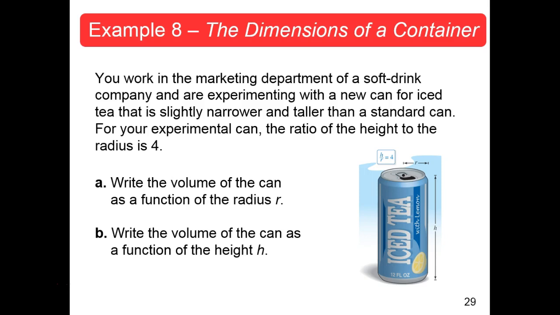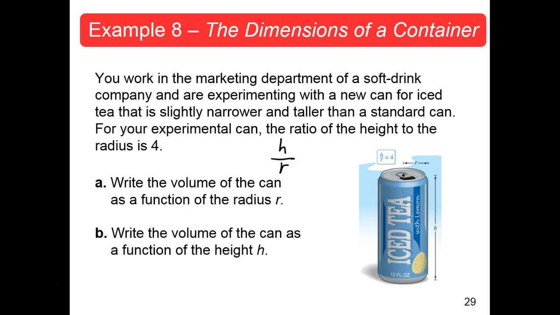It's a comparison of two numbers in a division sense. So when you see the ratio of the height, that's h, to the radius, that's r, that means h divided by r. That's the ratio of height to radius.